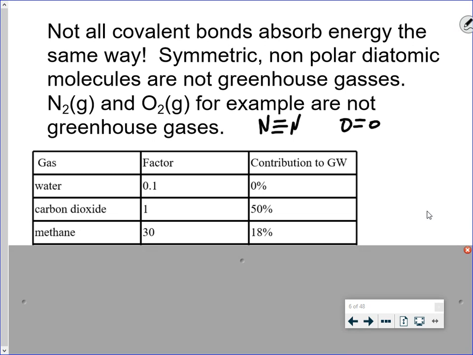Now, methane is way worse than carbon dioxide, and we don't really talk a lot about methane. If you burn methane cleanly, it produces carbon dioxide. But if you let methane escape from the ground, it is way worse at heating up the earth than carbon dioxide.